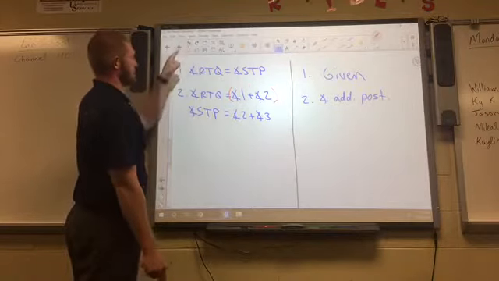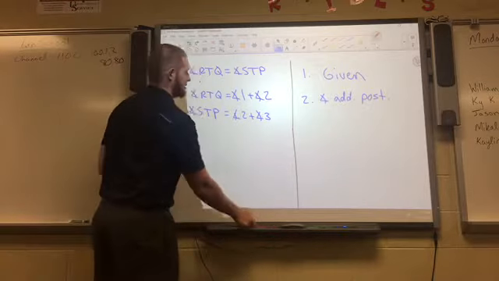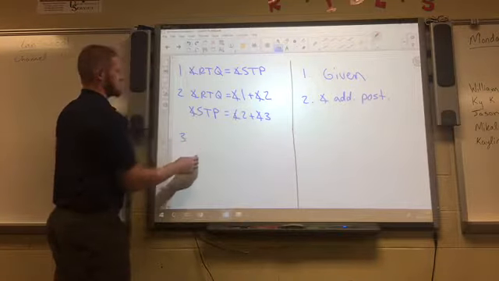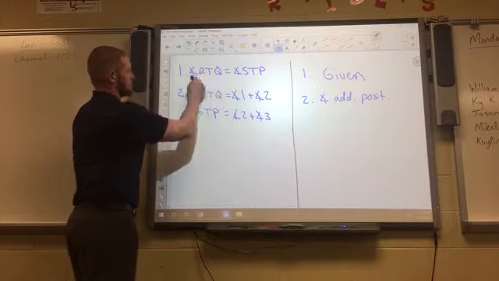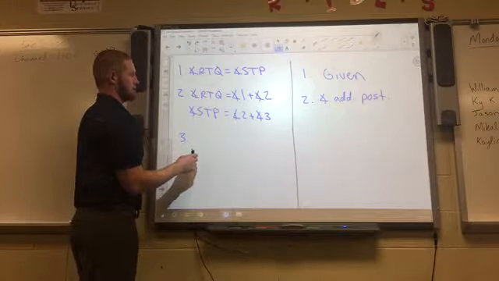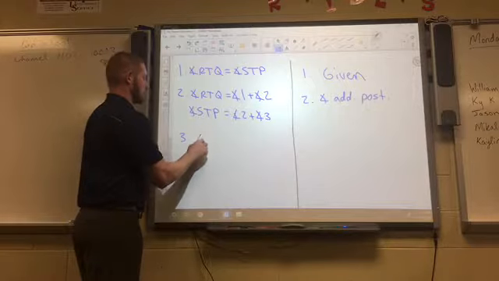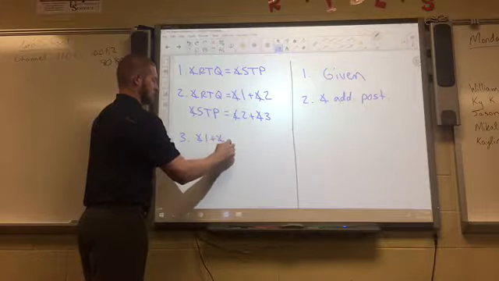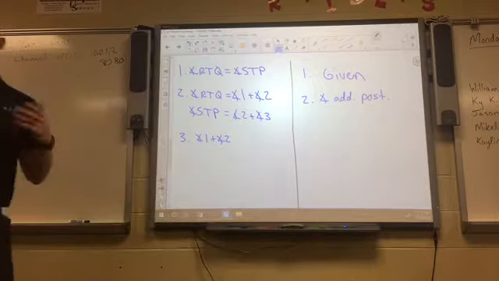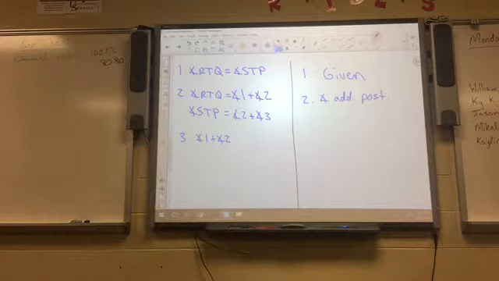Okay? So if I'm substituting that in, what's this next step going to look like? Instead of RTQ, I'm going to write, good, angle 1 plus angle 2. Again, these are things that as we do more and more of these, you're going to start seeing them.